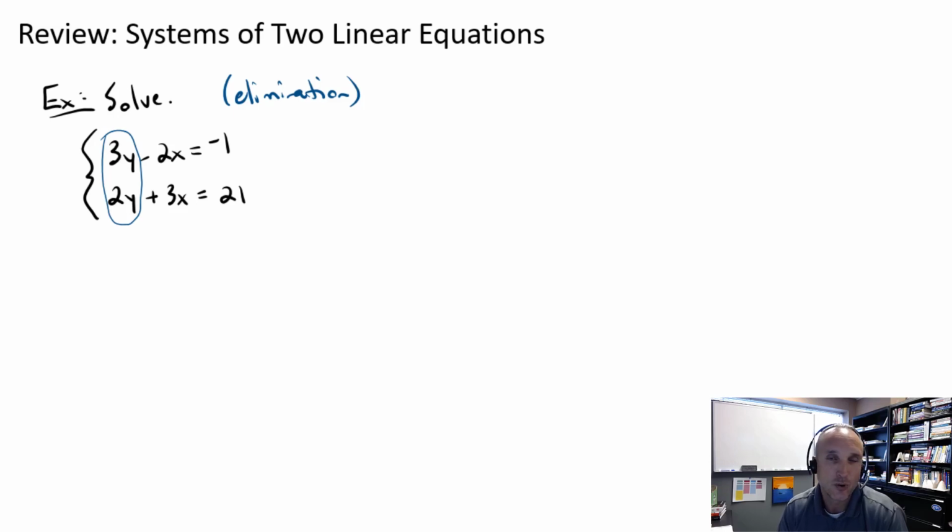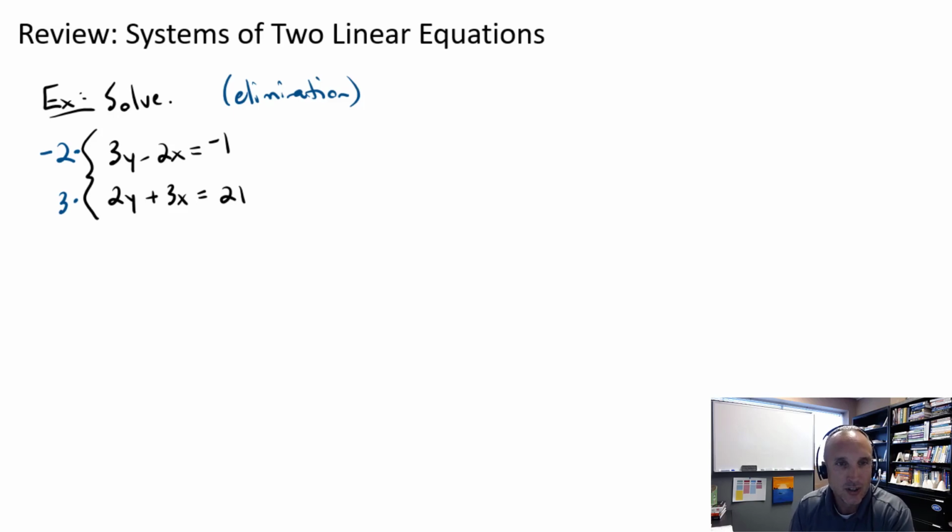So the question becomes, what can I turn a 3 and a 2 into via multiplication? The answer is like 6 or 12 or 18, any common multiple of 2 and 3. So what I'm going to do is turn one of these into +6 and the other one into -6. So let me multiply row 1 by -2 and row 2 by +3.